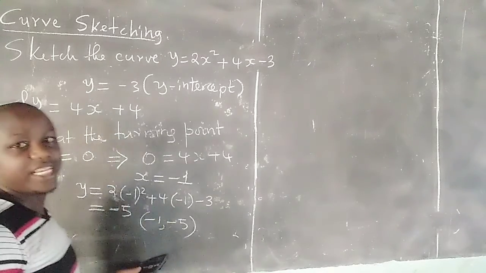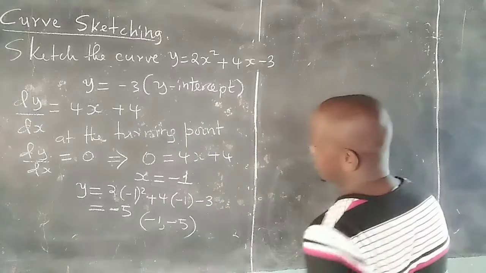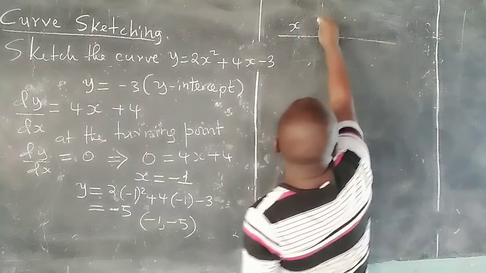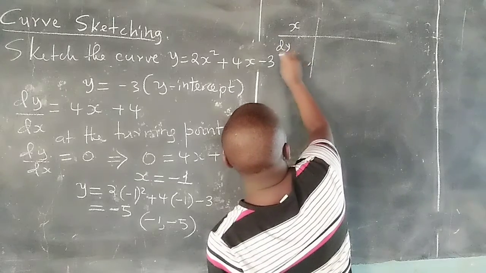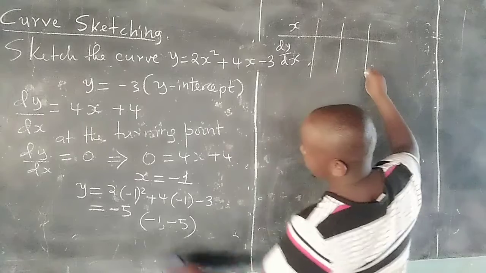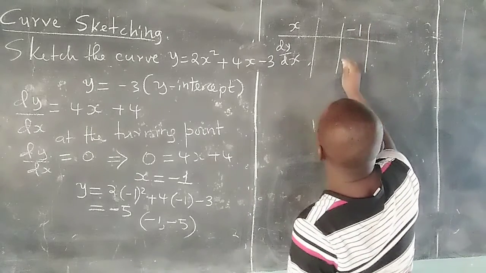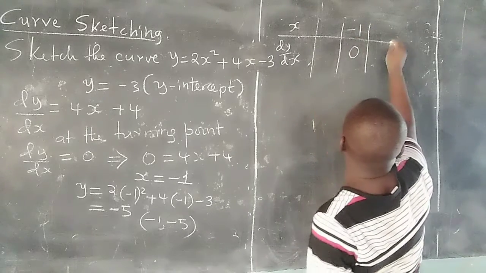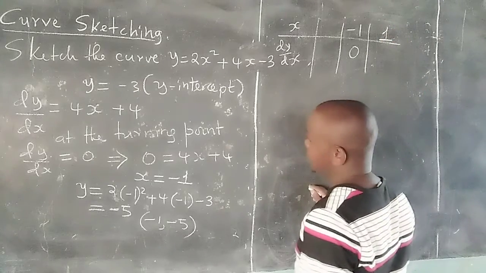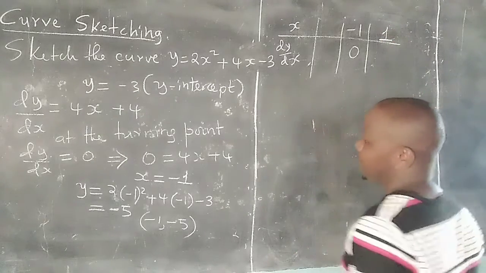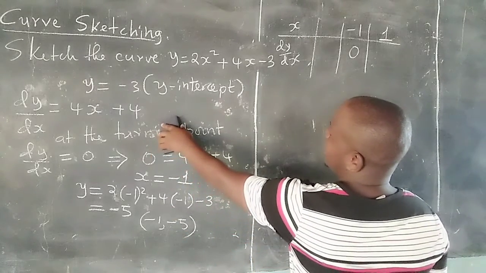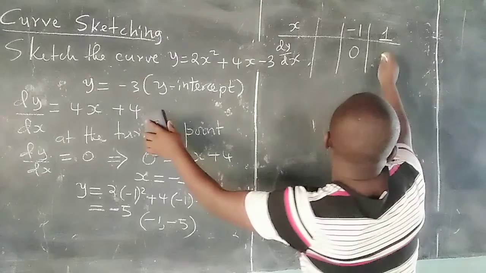We can examine the nature of negative 1, negative 5 by using the x-coordinates in the gradient function, so that we may know the gradient. When x is negative 1, the gradient is 0. At a point beyond negative 1, a point like 1, considering the gradient function, the gradient will be 8.